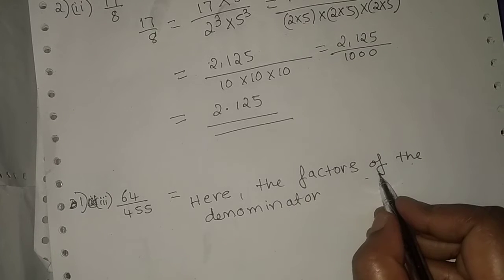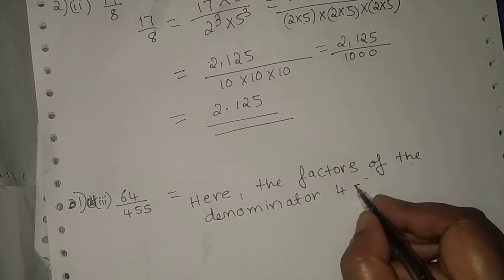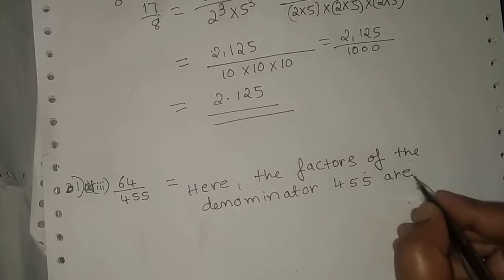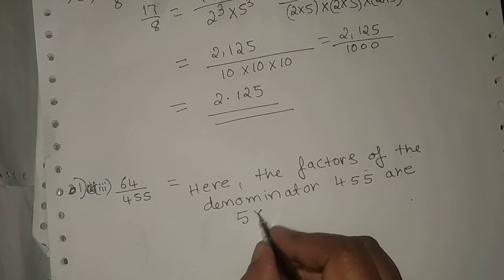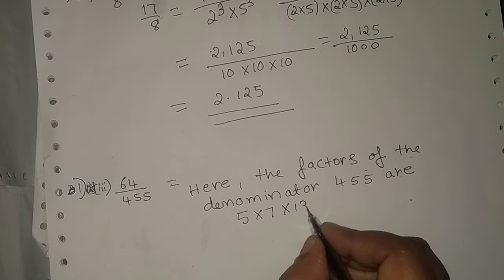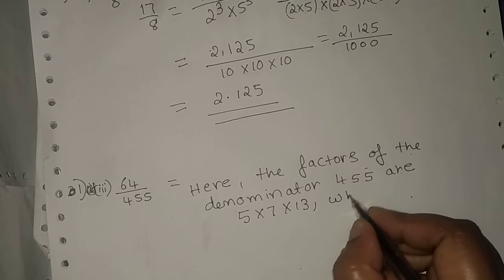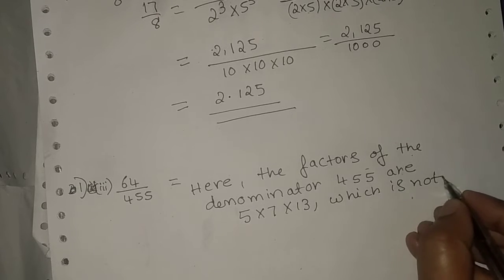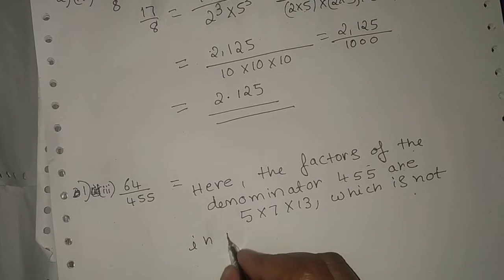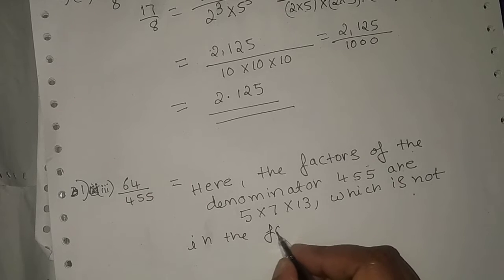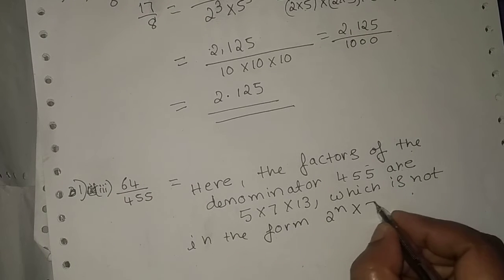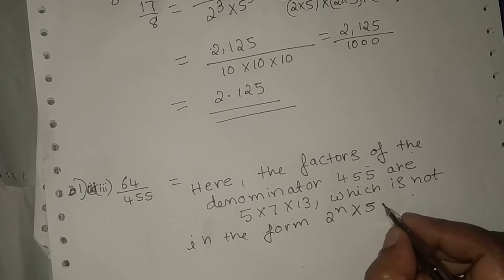So here the factors of the denominator 455 are 5 into 7 into 13, which is not in the form 2 to the power of n into 5 to the power of m.